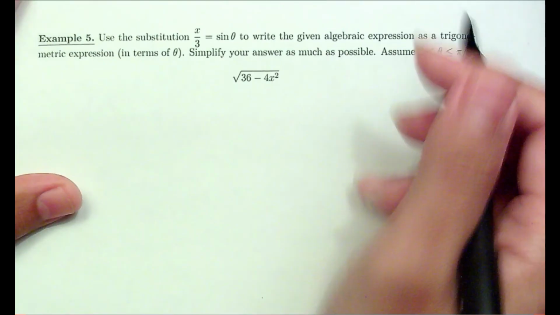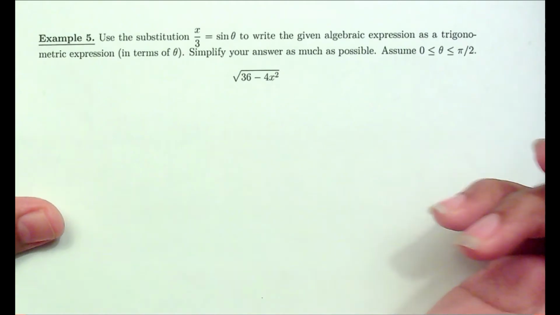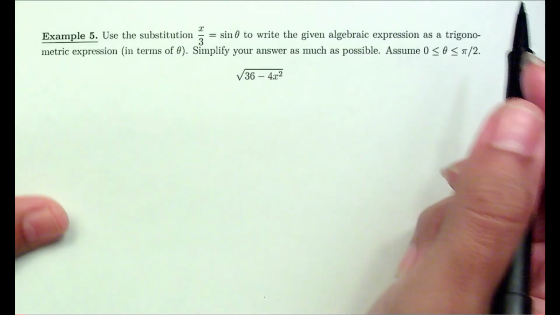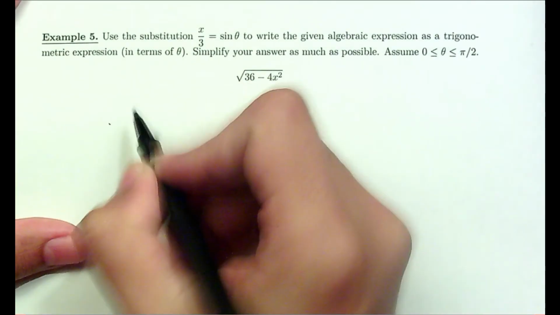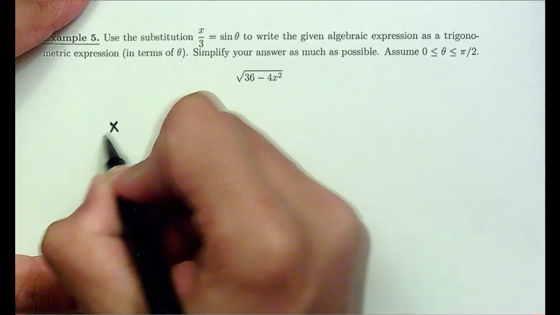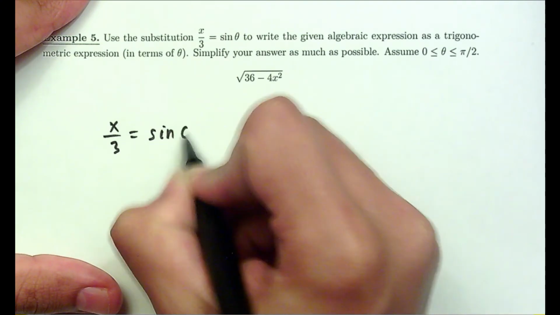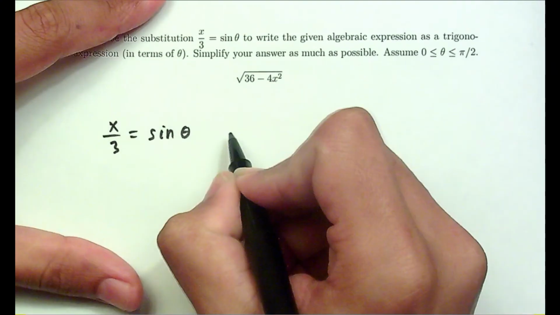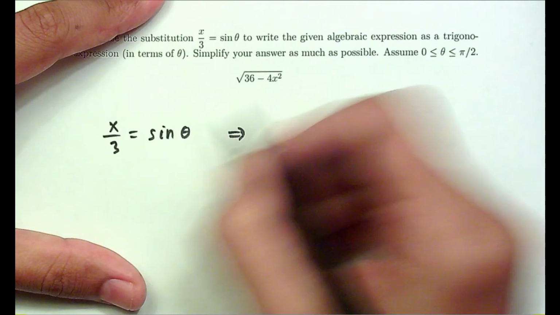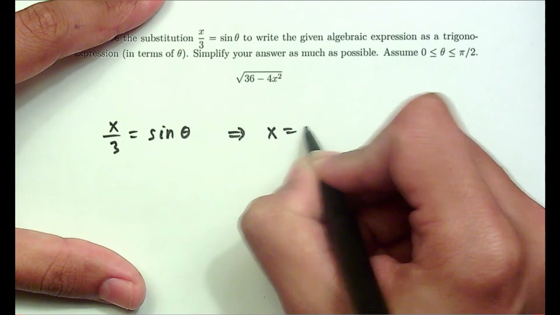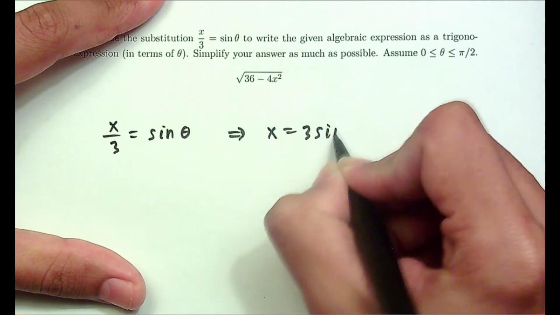Okay, assuming that you tried it, let's see if you get the same thing as I do. All right. x over 3 equals sine of theta. Well, multiplying by 3 both sides, this means that x equals 3 sine of theta.